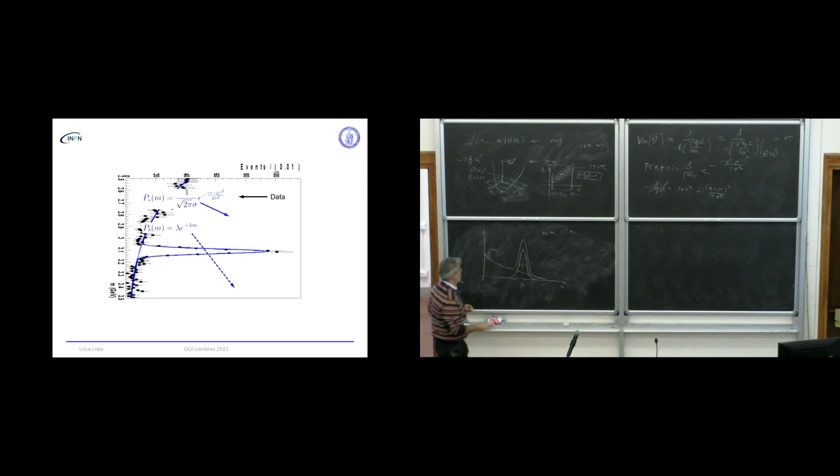So I have a probability function for the background, PB, which is lambda e to the minus lambda m. And the probability distribution for the signal, which is PS, equal to the usual Gaussian. So what will be the distribution for the overall sample?